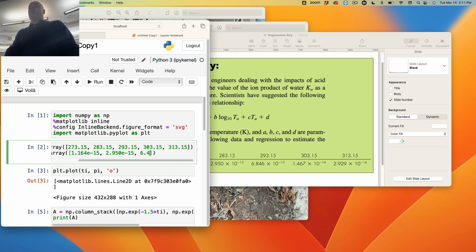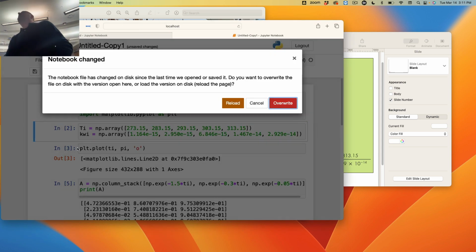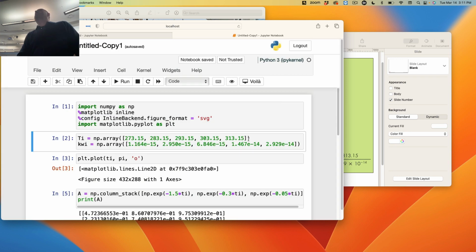Then 6.846 e to the minus 15, then 1.467 e to the minus 14, and then 2.929 e to the minus 14. Again, I expand this so you can see it. Yes, overwrite.